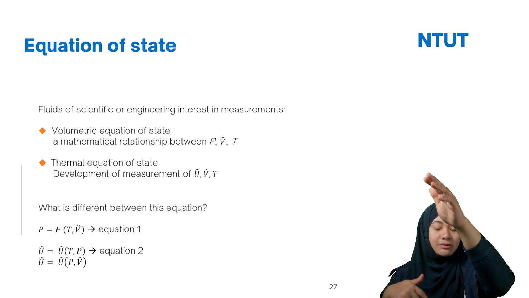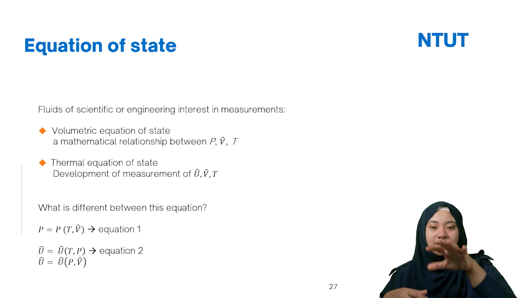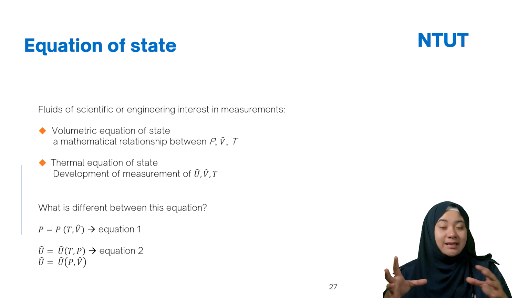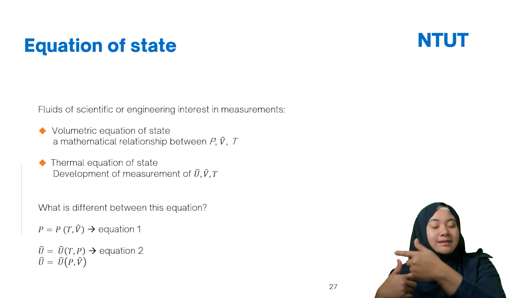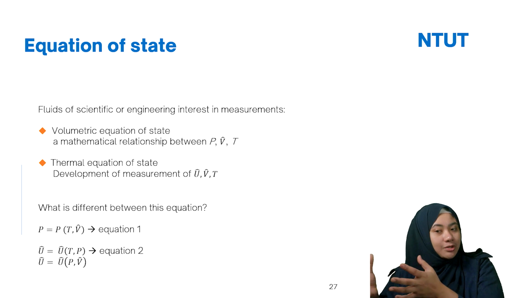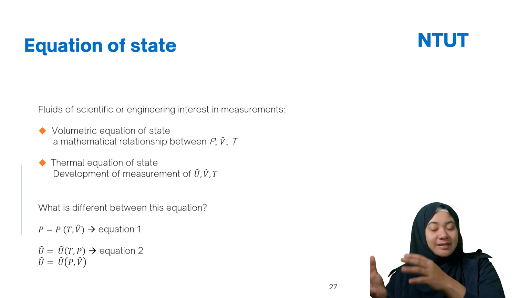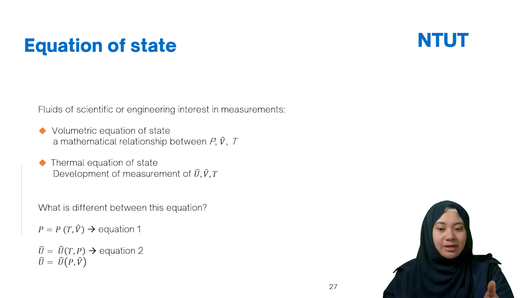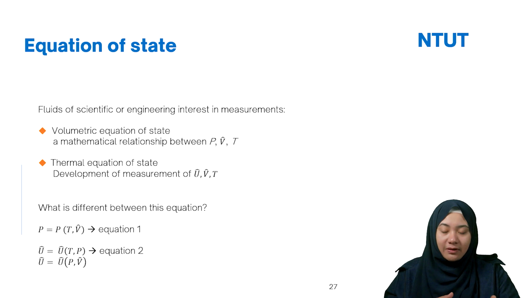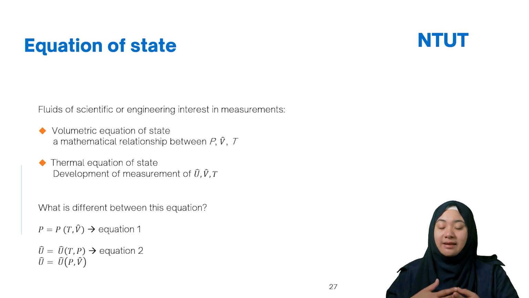So for 0 to 10, you can use equations that help you calculate points you don't have in the original data, and describe the system based on the equation. We call it the equation of state, and you have two types: one is volumetric and the other is thermal.